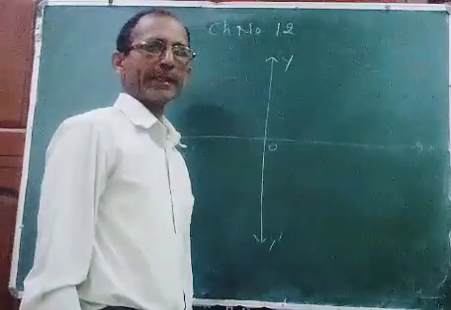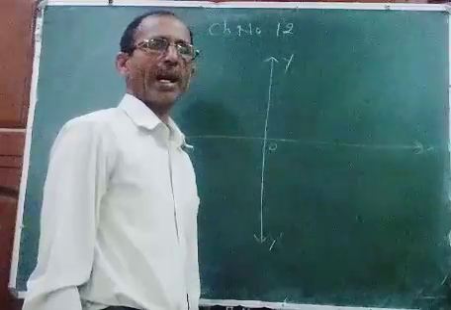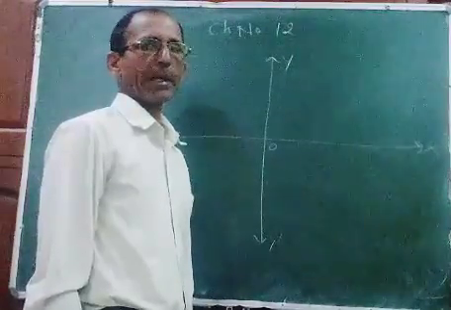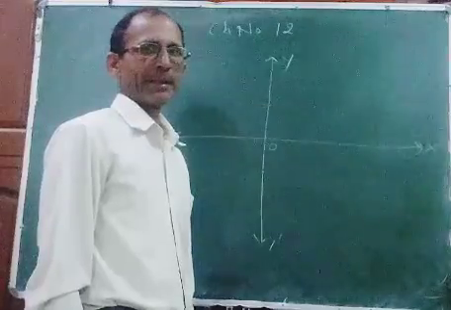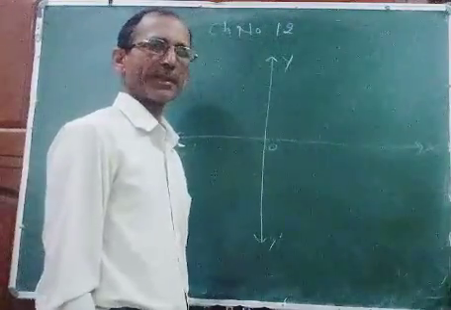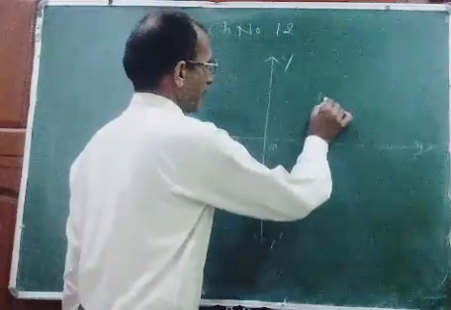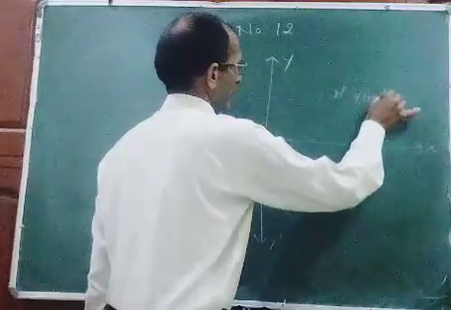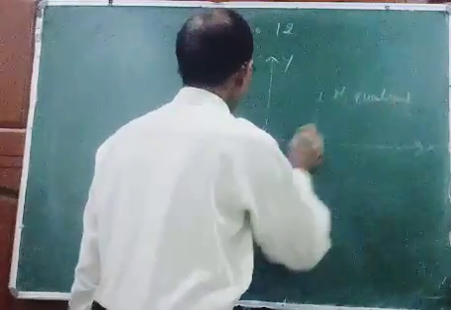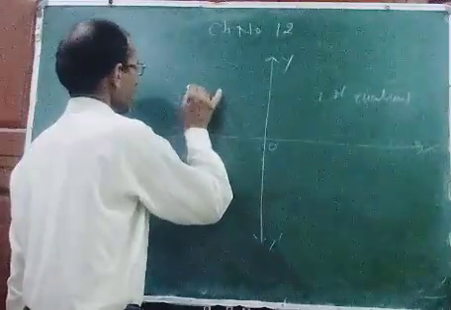These intersecting lines are forming four quadrants and the coordinates are fixed. They will not change their place. So this is the first quadrant. This is the second quadrant.